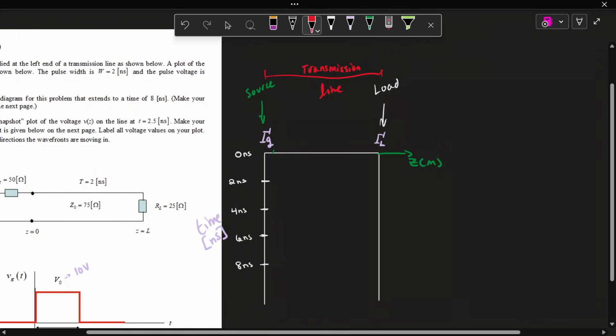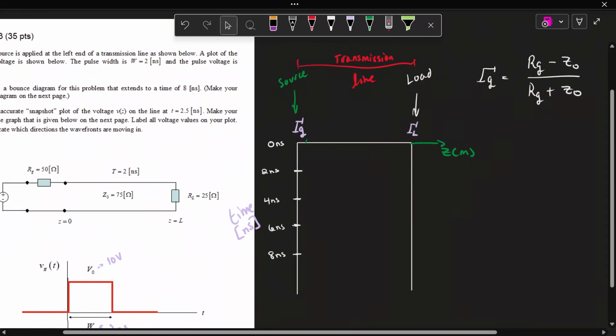Now, what are they? Well, if we remember from before, and it's okay if you don't, for real, because there's quite a lot of equations to remember. The reflection coefficient at the source is equal to the source resistance minus the characteristic impedance of the line, divided by the source resistance plus the characteristic impedance of the line.